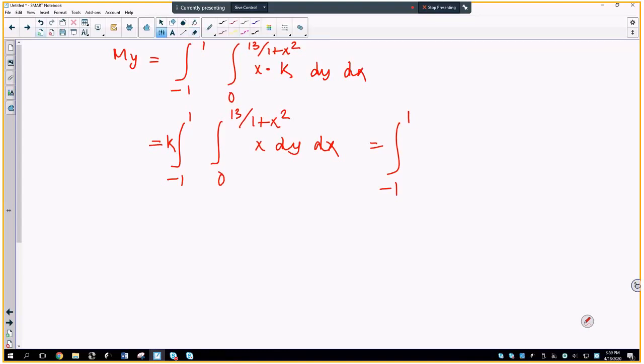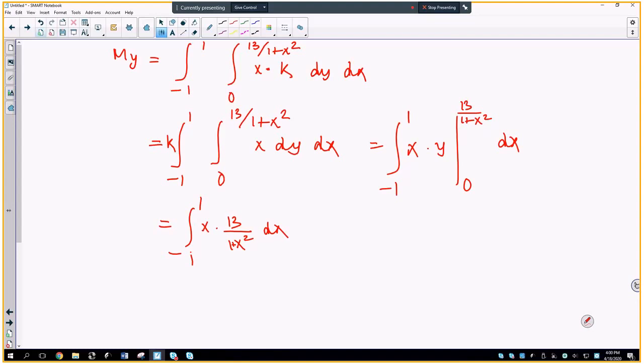So it's going to be x, nothing to do with the integration. Integration dy is y with the limits 0 and 13 over 1 plus x squared dx. So I get negative 1 to 1, x times, you put the limits in, 13 over 1 plus x squared dx.